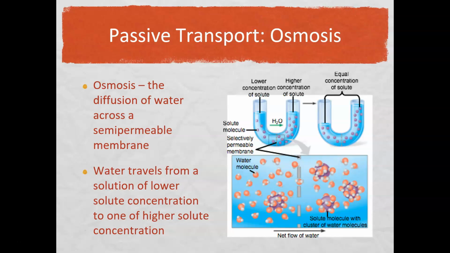And osmosis is the diffusion simply of water across a membrane. Now, here's the interesting thing. We're going to define the solutions, the concentrations on either side of that membrane, really based on the solute, so sugar, salt, something like that.